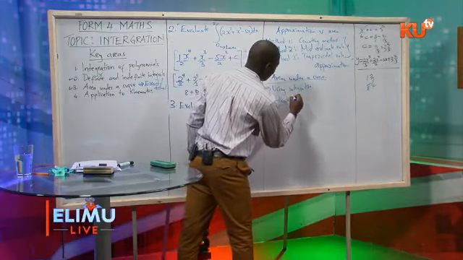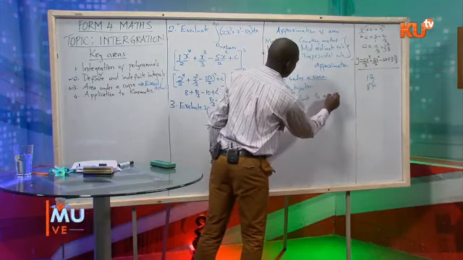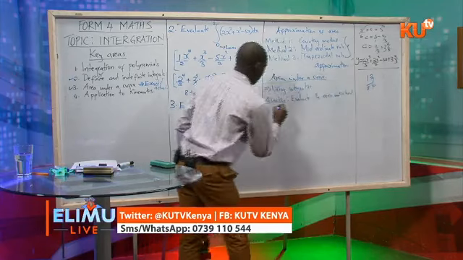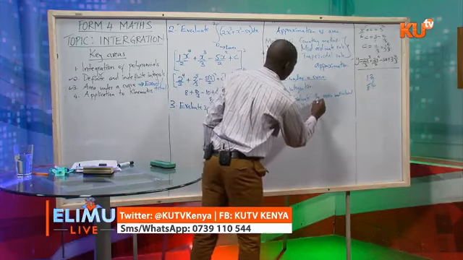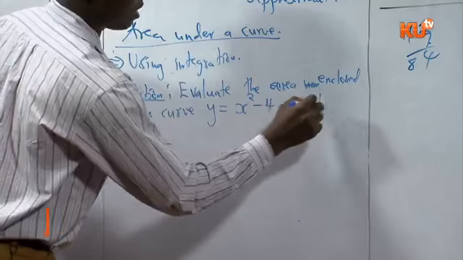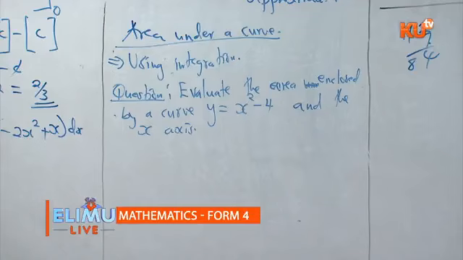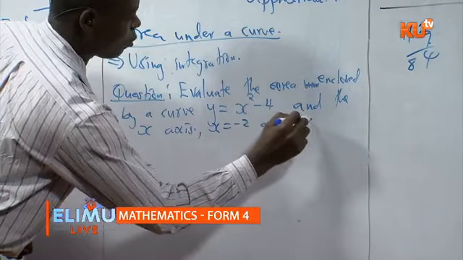If you are told to evaluate the area enclosed by the curve y equals x squared minus 4, and the x-axis, in this case, x equals -2 and x equals 2.